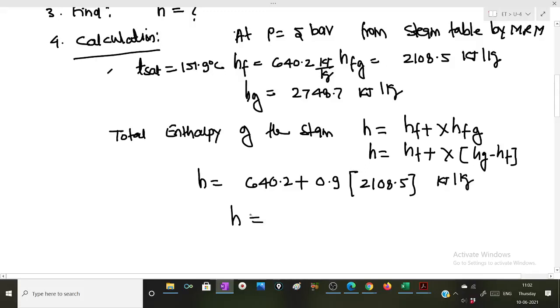So, can someone tell me this calculation? What will be the h value?